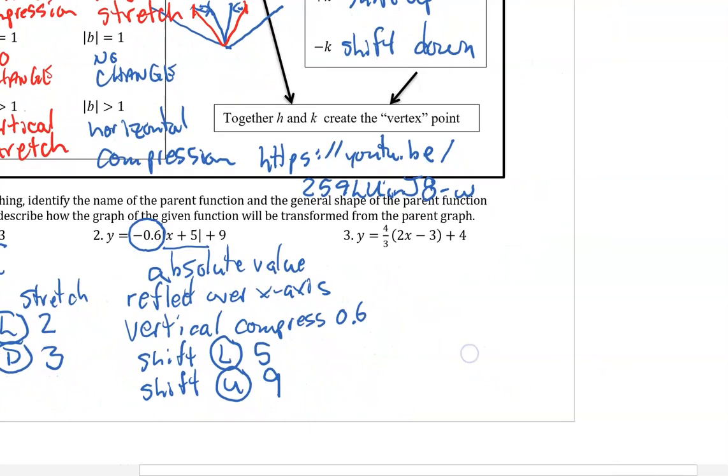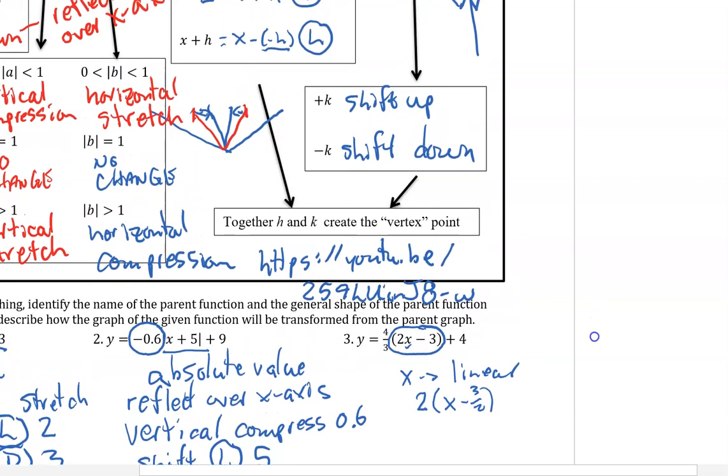On number 3, we always want to have x by itself. By the way, the parent function, if it's just x, is linear. So inside of 2x minus 3, we have to figure out what's happened to x. Well, it's been multiplied by 2. So it's really 2 times x minus 3/2.